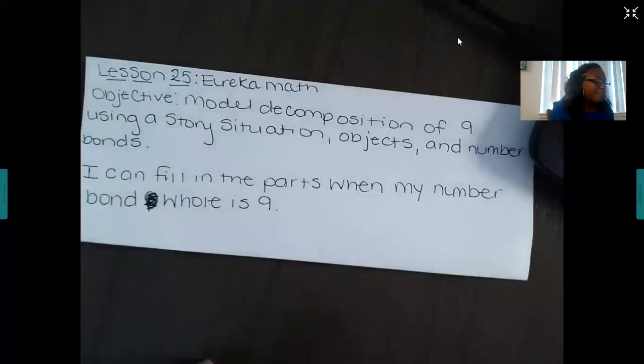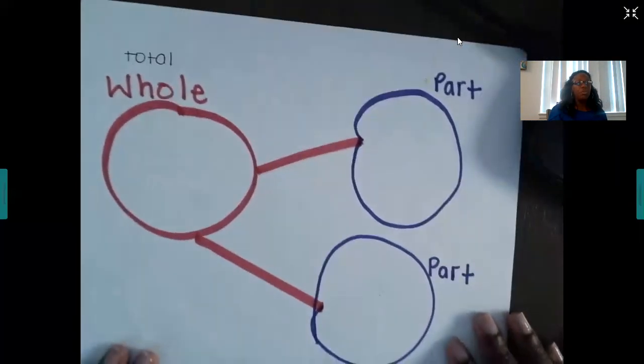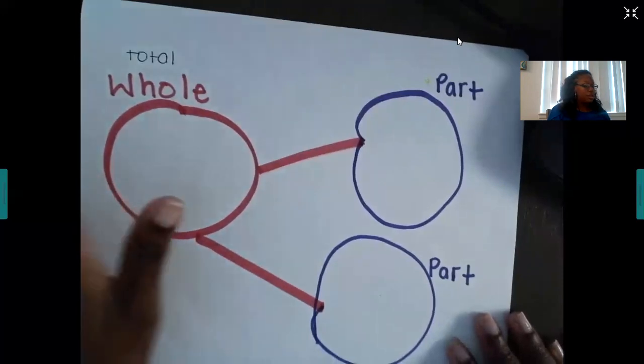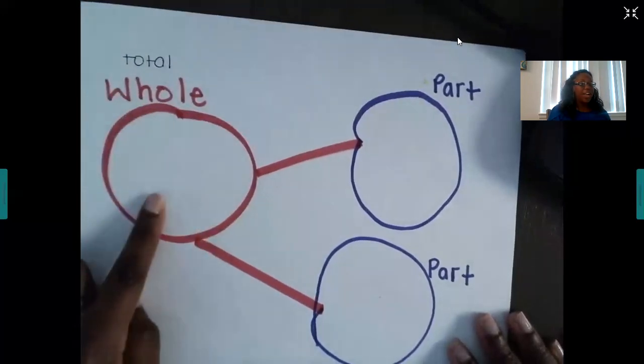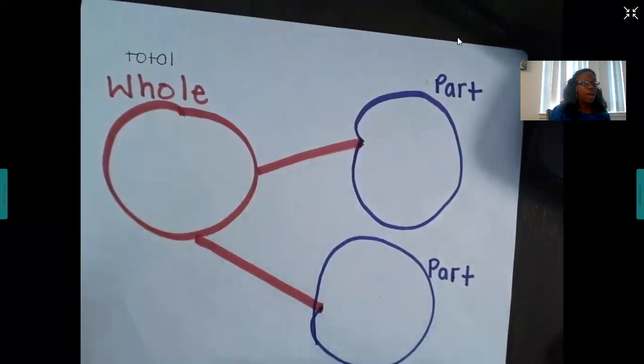Excellent. For those of us who have forgotten what our parts and wholes are on number bonds, Ms. Bowen wants to do a quick little review with you. Remember, when we look at our number bond, the big circle that's by itself over here is our whole. That is our total, our large number.